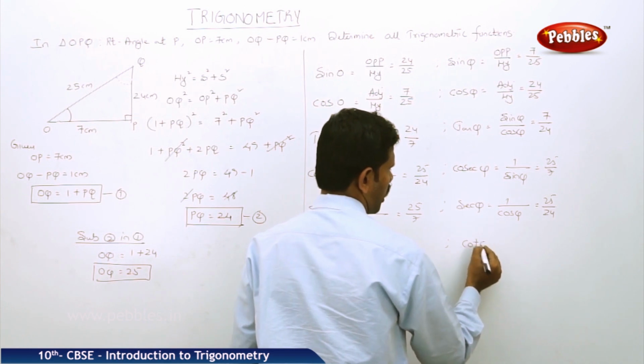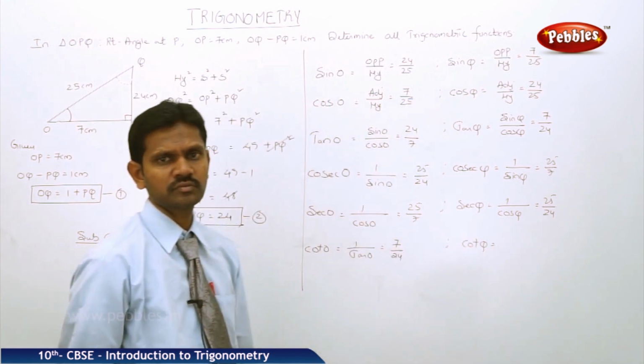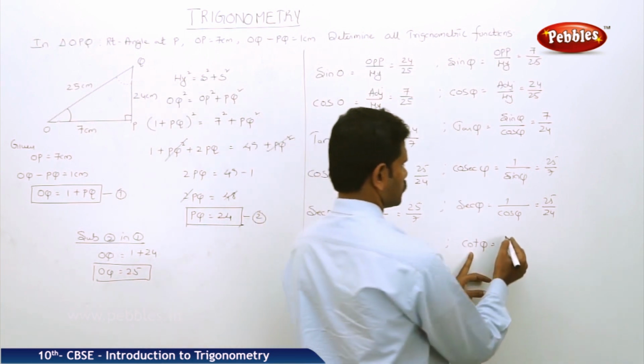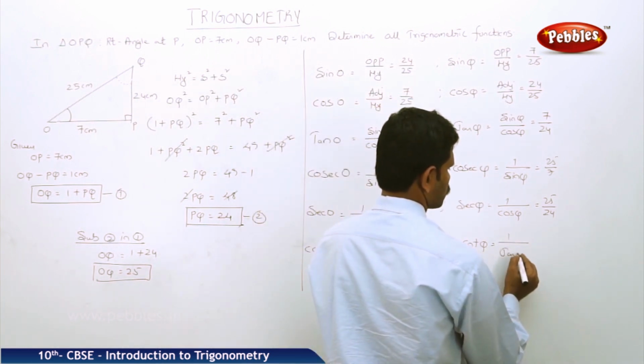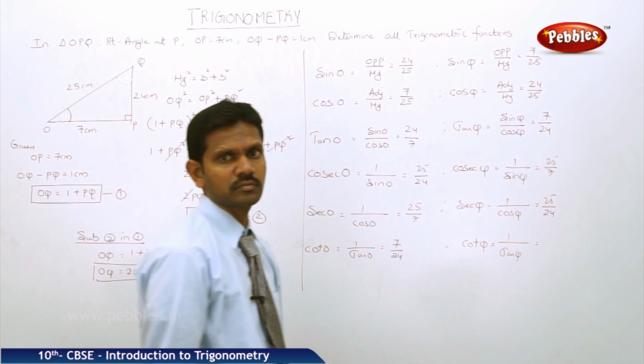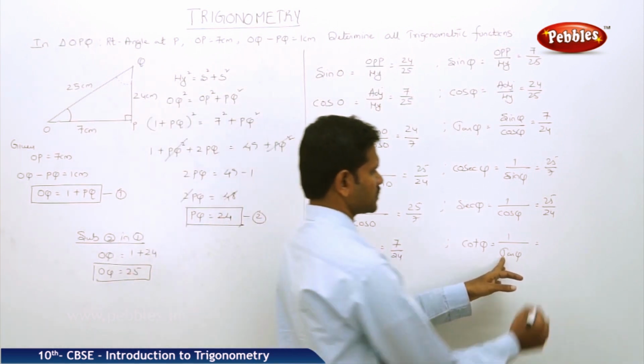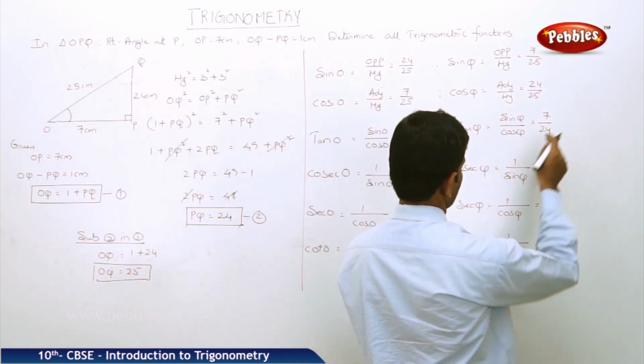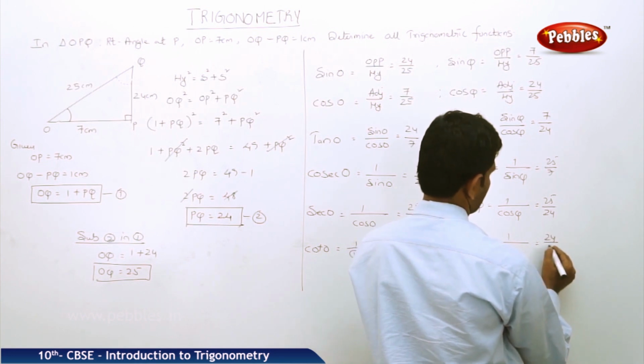Next, cot Q is equal to 1 by tan Q. Tan Q is 7 by 24, so its reciprocal is 24 by 7.